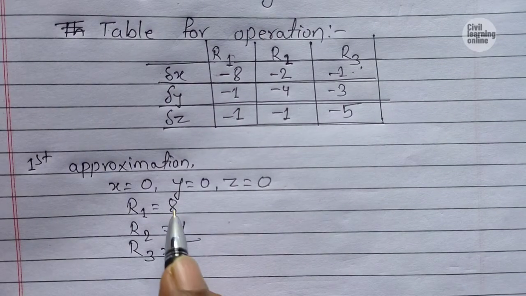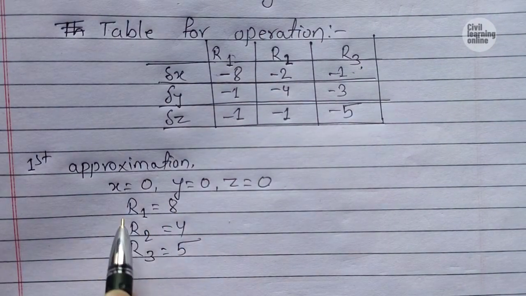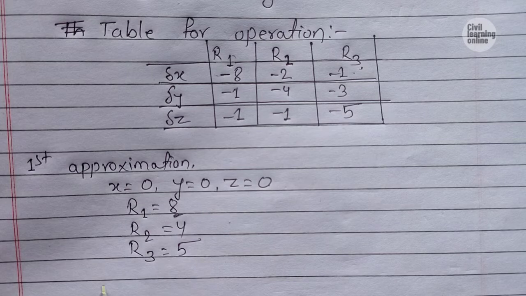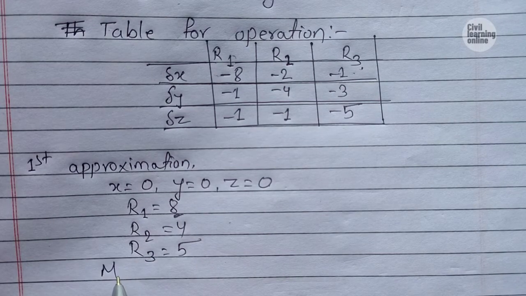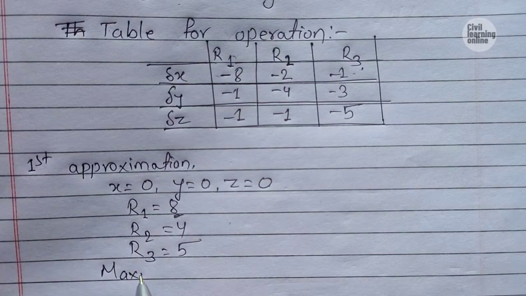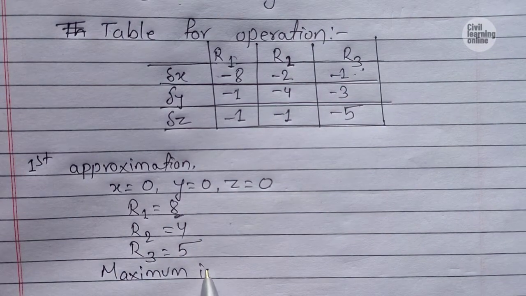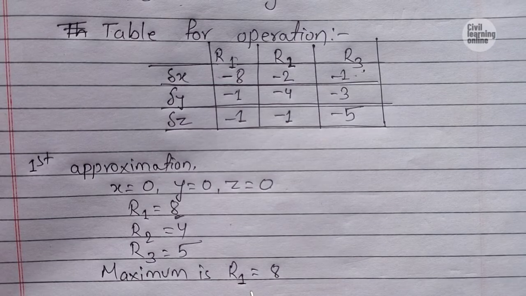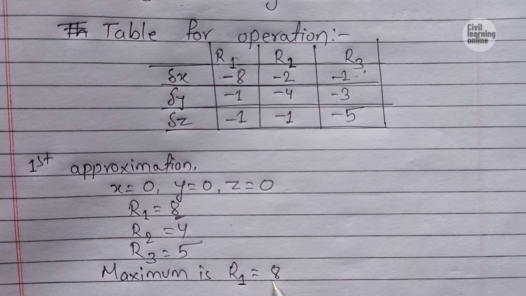Now we will check for the greatest of all these values among r1, r2, r3. As you can see here, r1 is the greatest of all, so we will write here that the maximum is r1, and its value is 8.